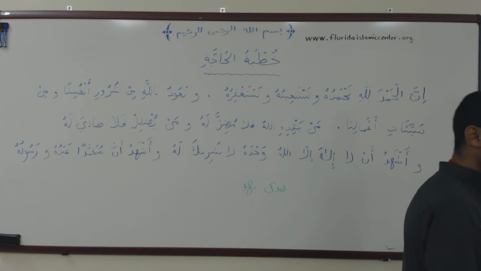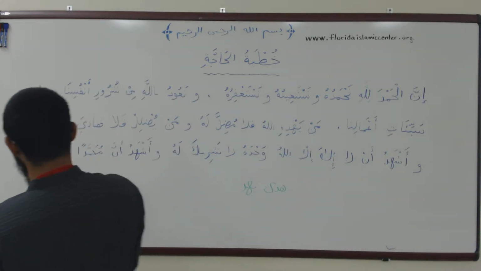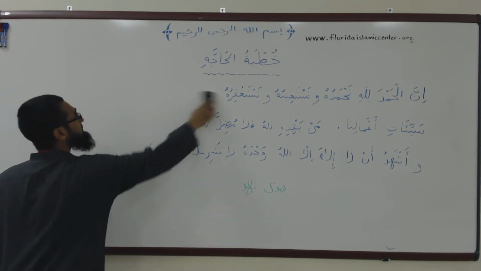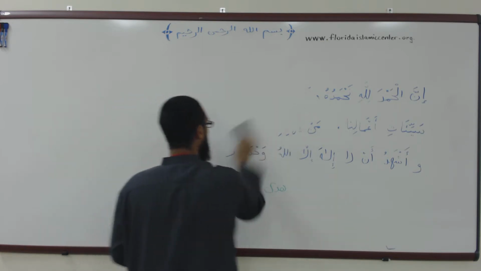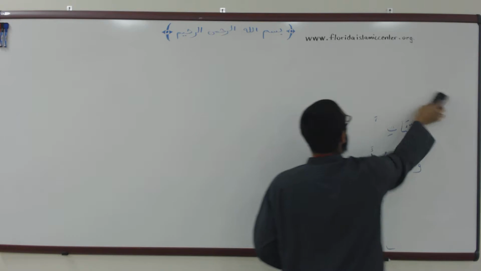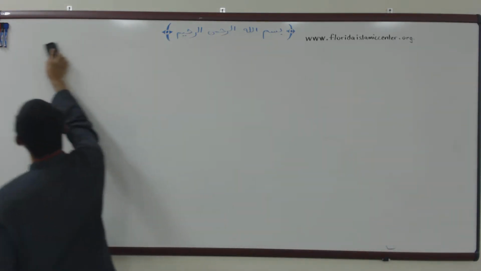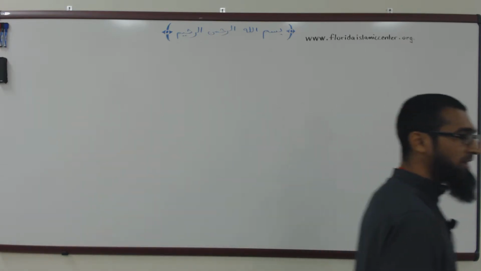What are those three letters? Alif. What else? What's the next letter? Alif, waw, and one more. Alif, waw, and ya. Very good. So which one is alif used for?